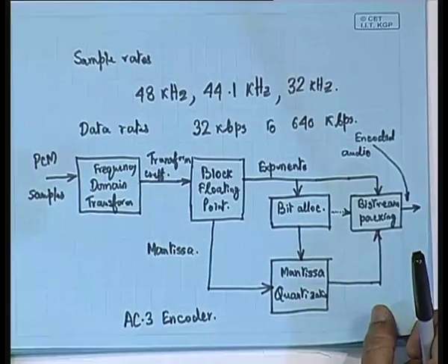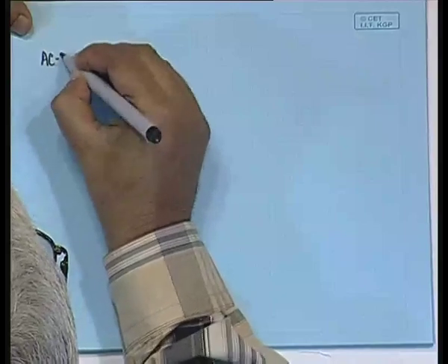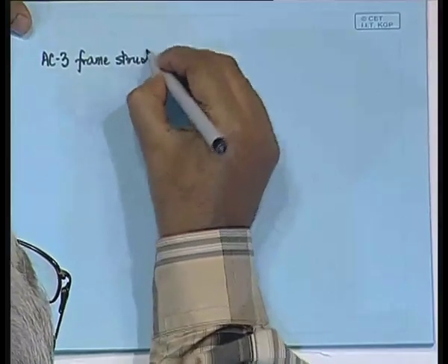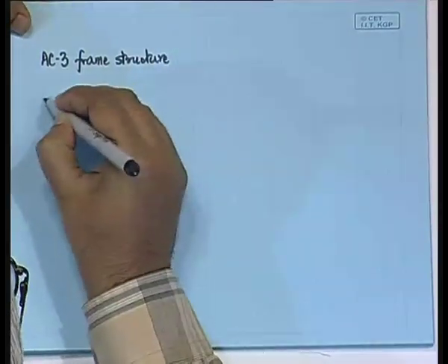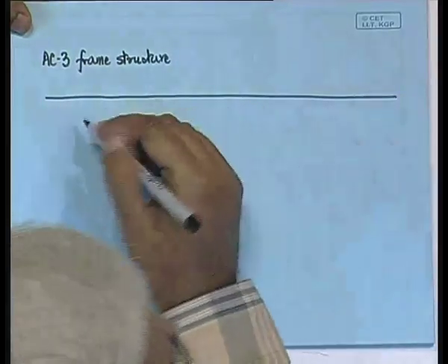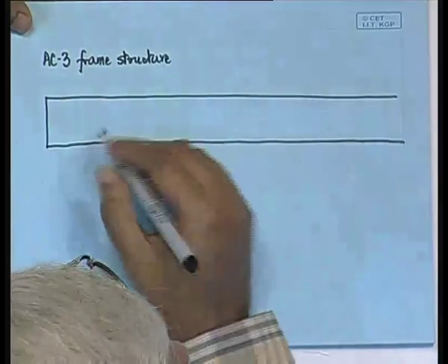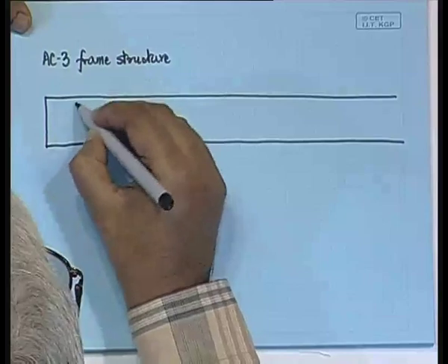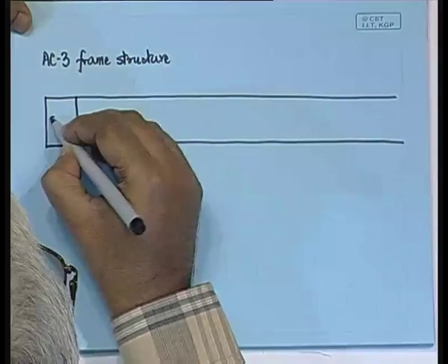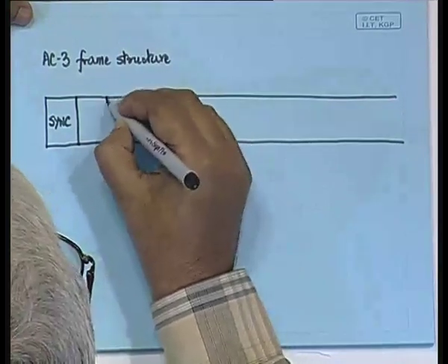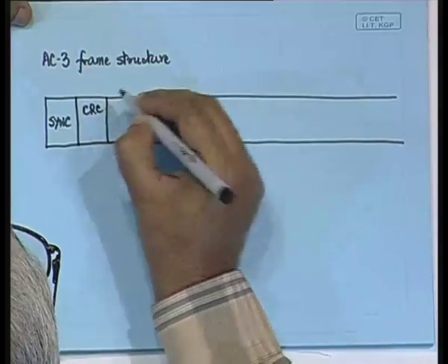So, let us have a look at the AC3 frame structure. An AC3 frame would look like this. An AC3 frame will first have a synchronization character, and then it will have the cyclic redundancy check, CRC.